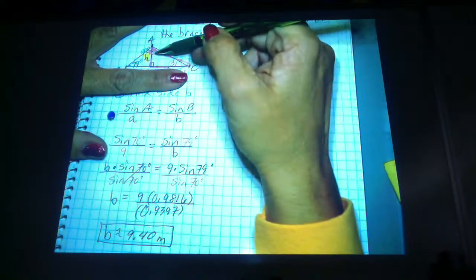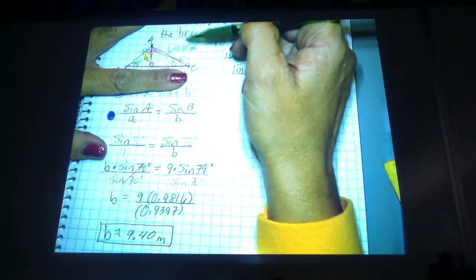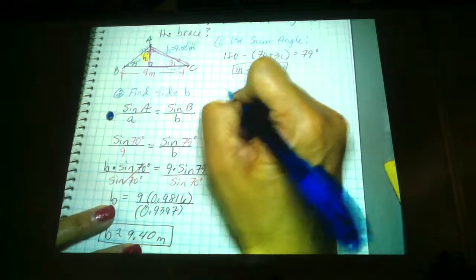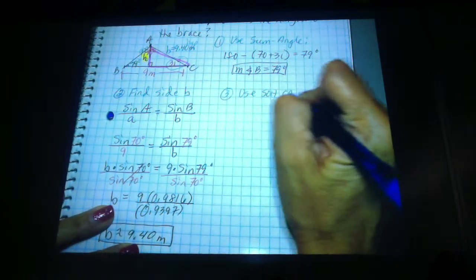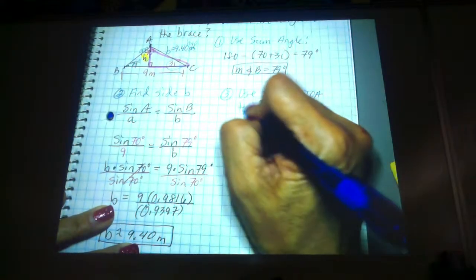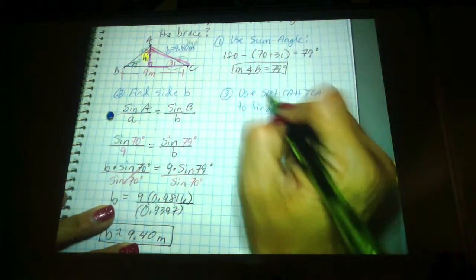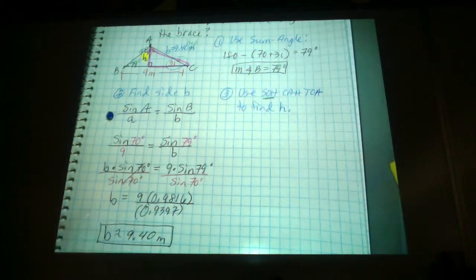So opposite and hypotenuse, SOH, so sine. So in step 3, I'm going to use SOHCAHTOA to find H. And we're using sine because we have opposite and hypotenuse.